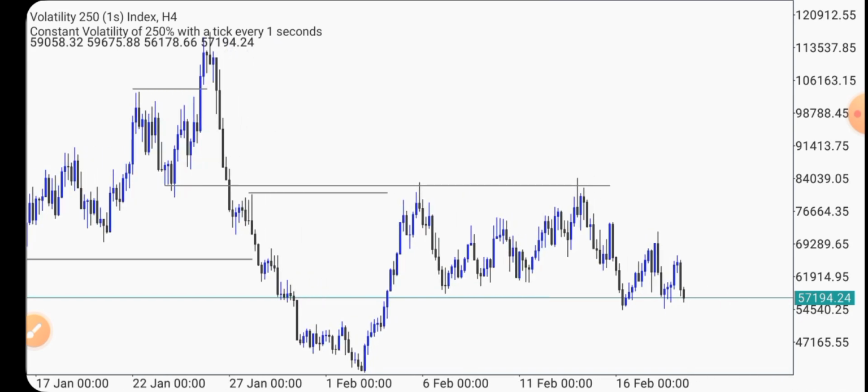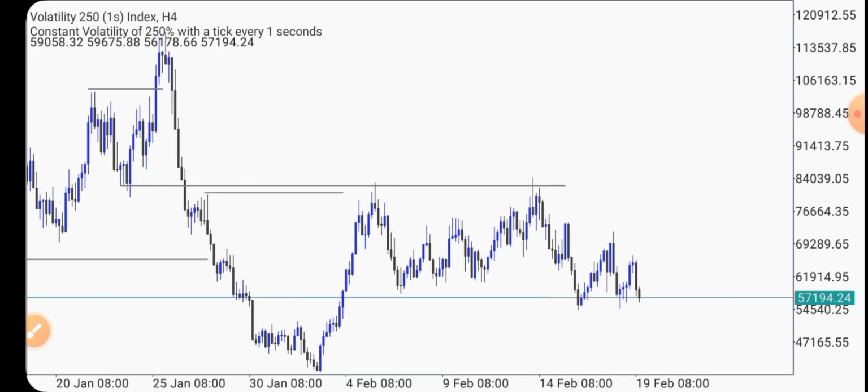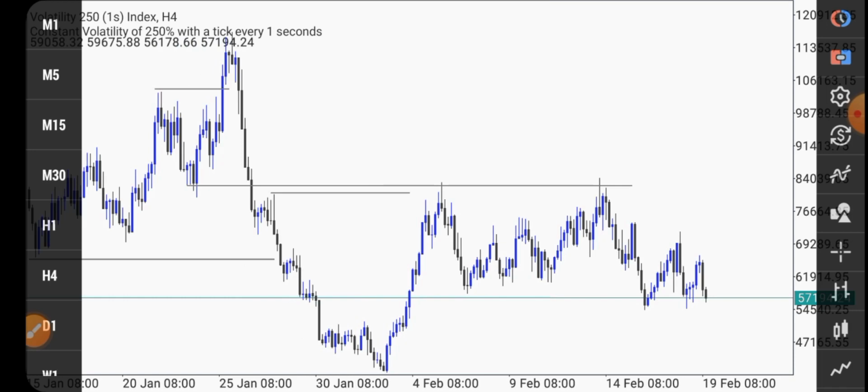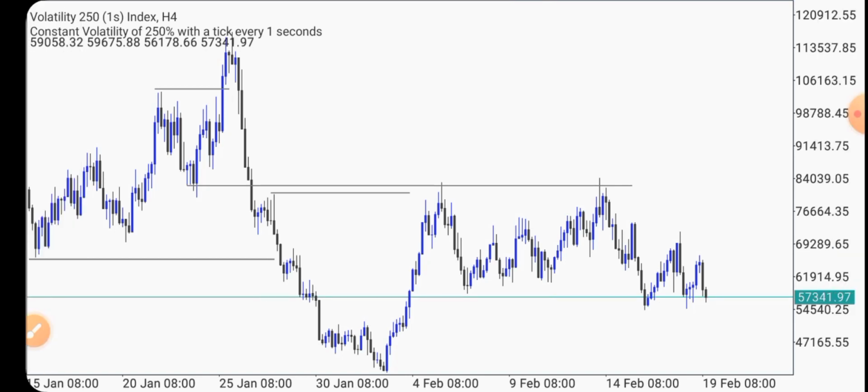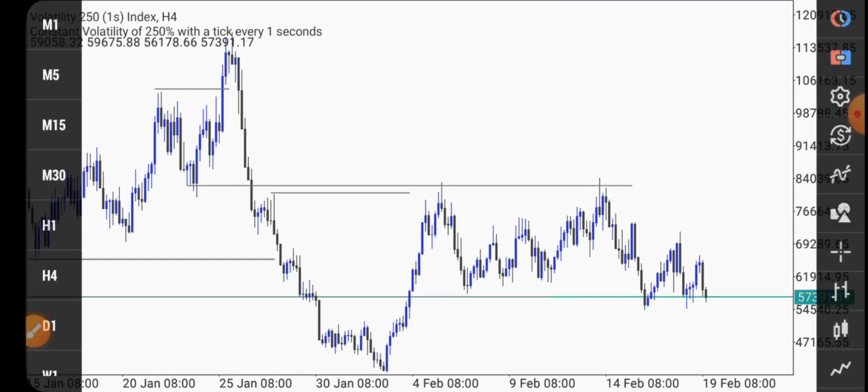So when we look at things like this, we just know that zone is a valid zone. We are looking for sell opportunities from this zone. Now how are we going to take these sell opportunities? We are just going to look at the current market.